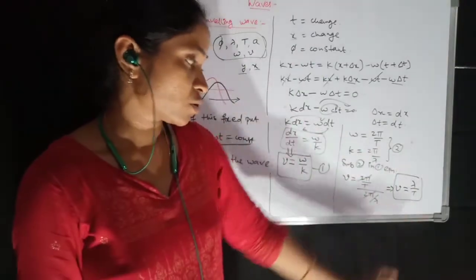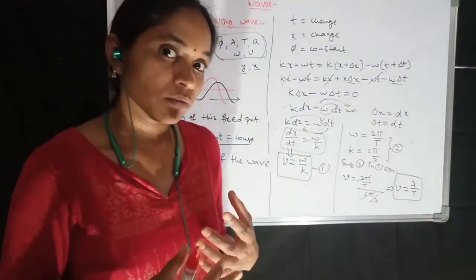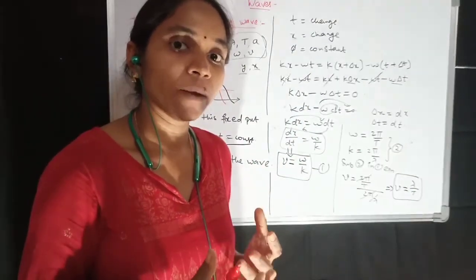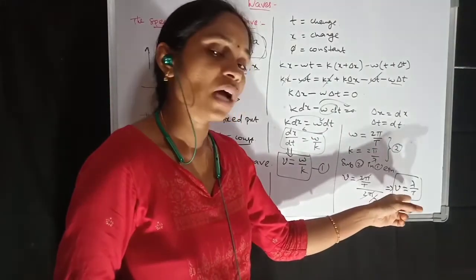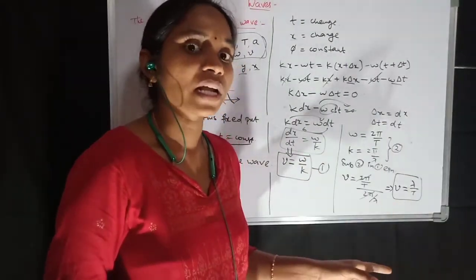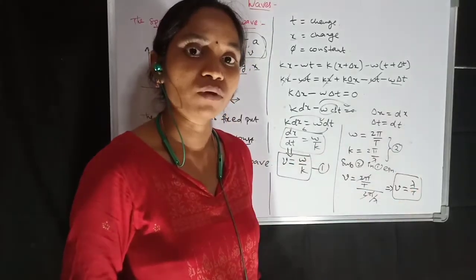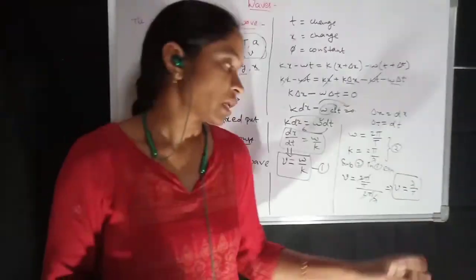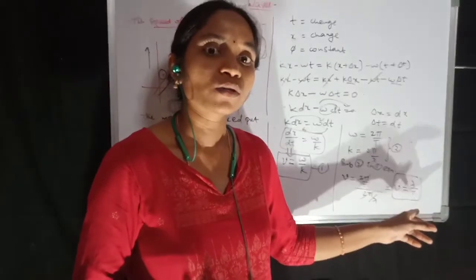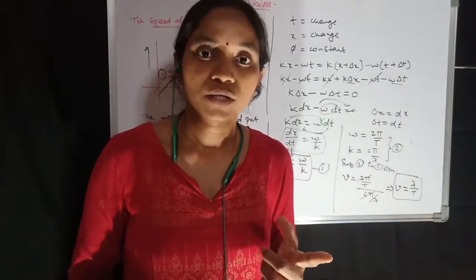From these equations you can say that in one time period the wave travels a distance of lambda, which is the wavelength. The time period is required to complete one oscillation.